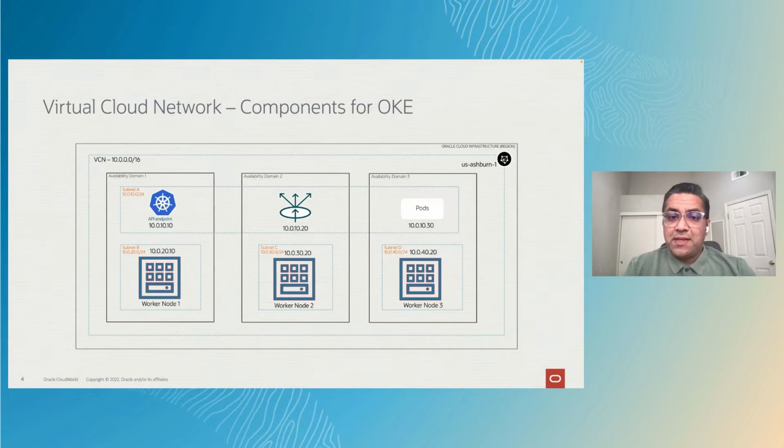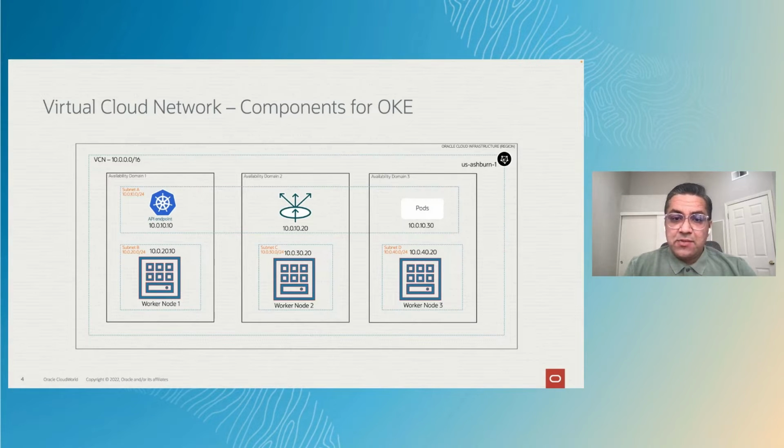And subnets would be deployed either into a specific availability domain or the entire region across all the 3 availability domains. So a VCN spans the whole region, and so could the subnets as well. Subnets use an IP address block that is a subset of the original VCN CIDR range.